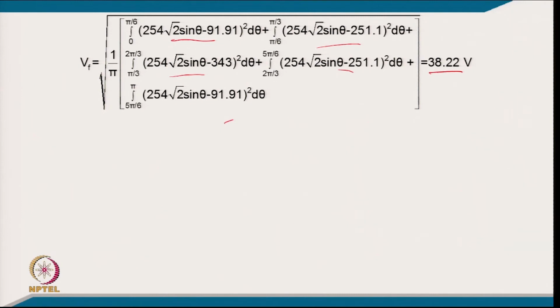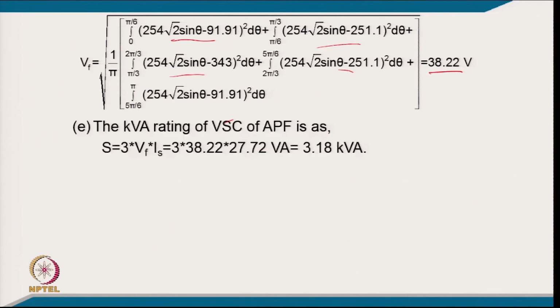We already discussed that this is lesser than the previous 6 pulse converter. In a 12 pulse converter you have less harmonics, and the input voltage of the diode rectifier is also closer to a sine wave. And the kVA rating of the VSC, voltage source converter of the active filter, is 3 into VF into IS. So, it is 3 into the voltage injected, which we calculated as 38.22, into the current 27.72. So, it comes to 3.18 kVA.